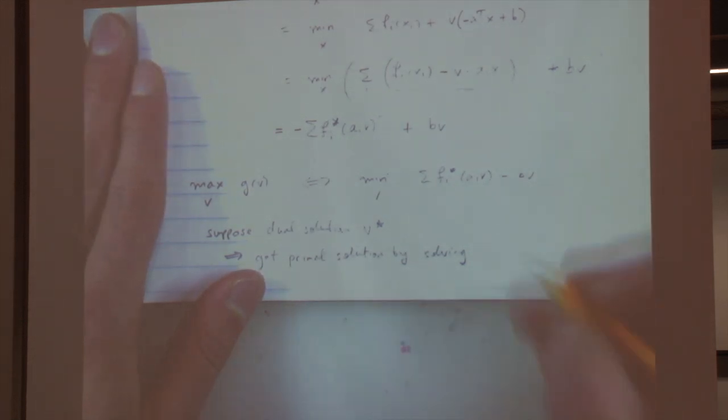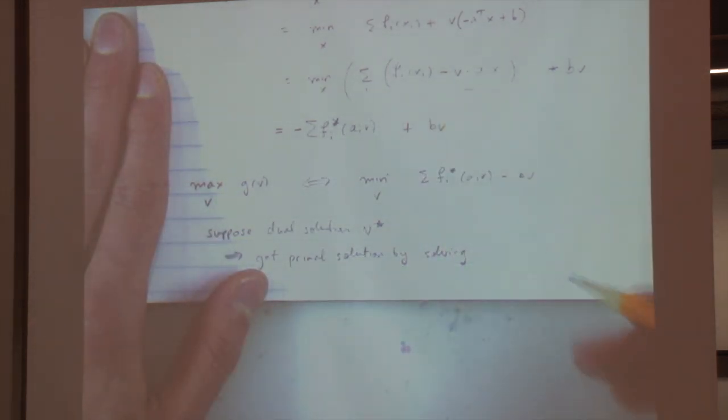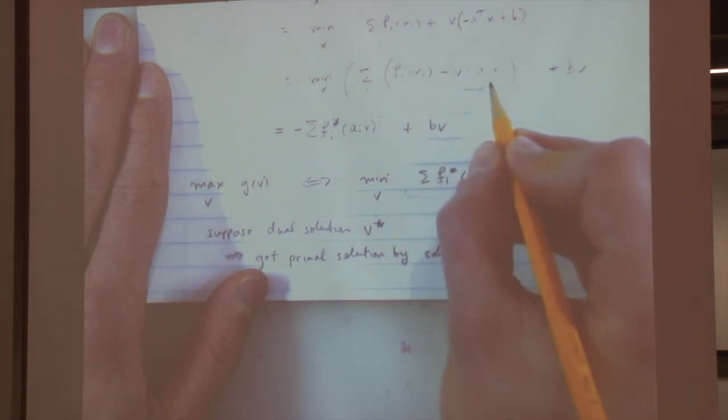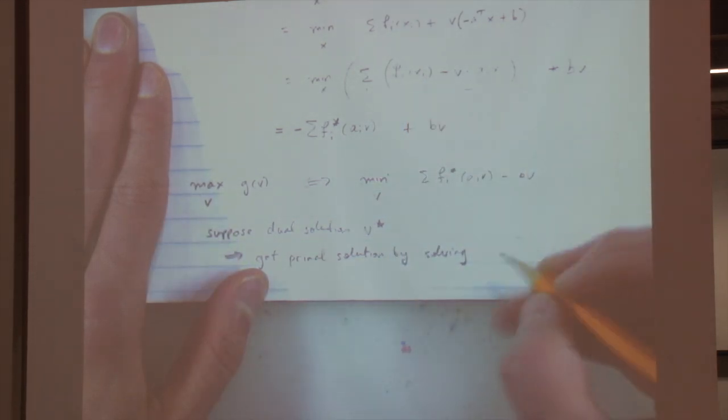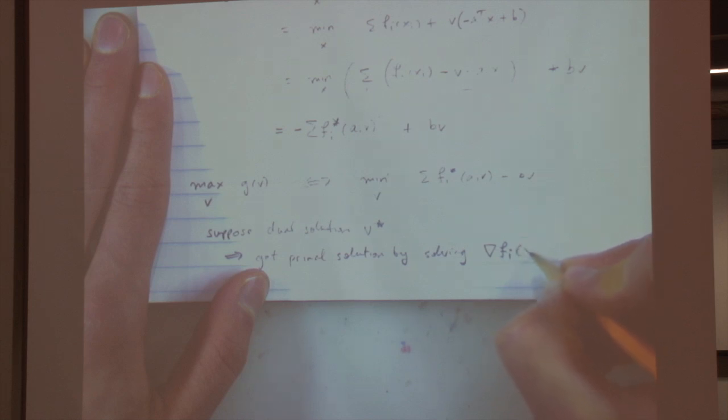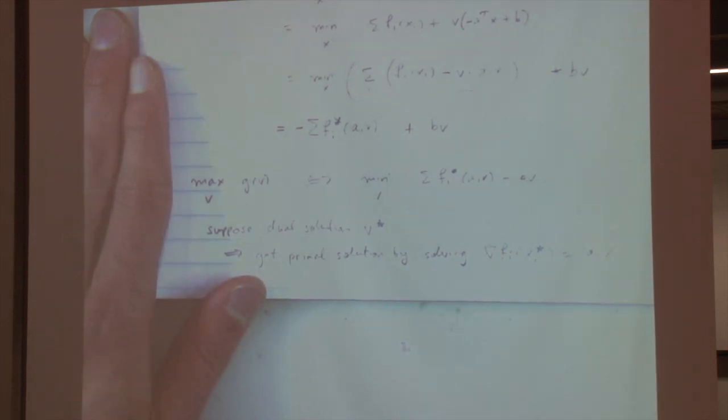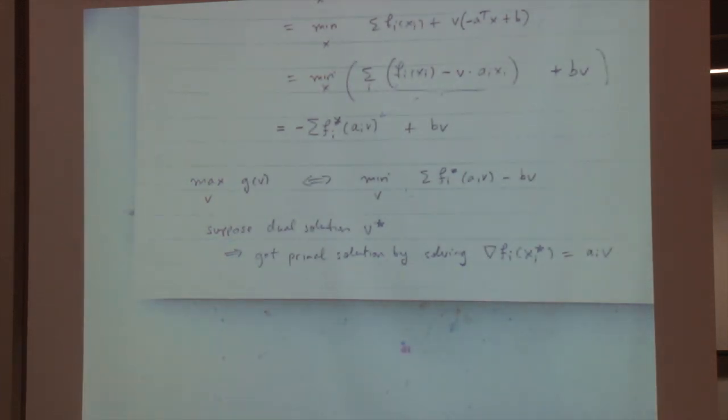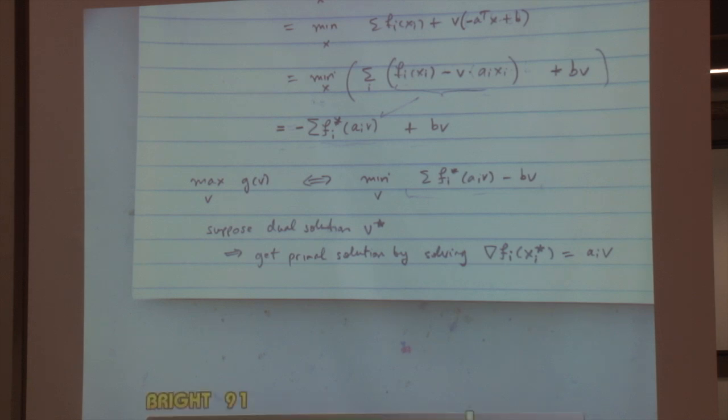And we do that by taking its gradient and setting it equal to 0, for example. I told you that fi was differentiable. We're assuming it's convex. So we have to solve this equation for every i. So if we can solve that, then we get back the primal solution.